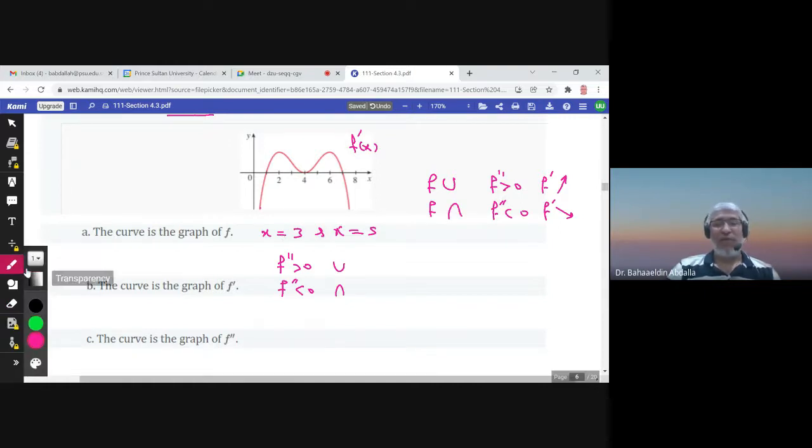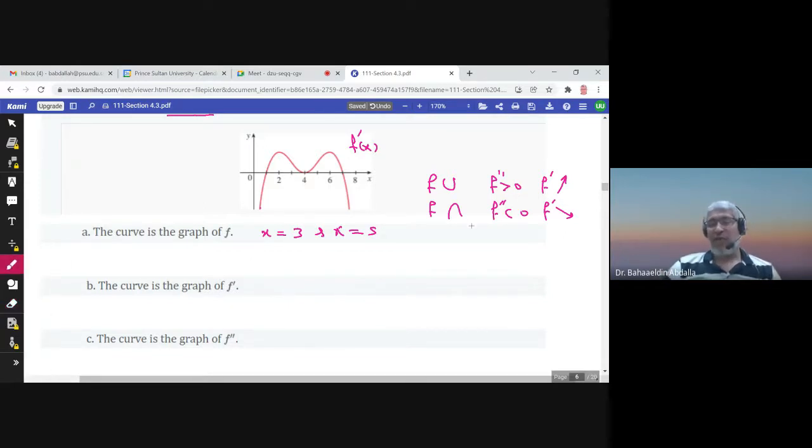So f is concave up means f double prime is positive, means f prime is increasing. F is concave down means f double prime is negative and f prime is decreasing.